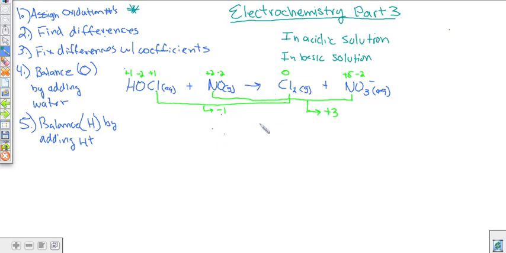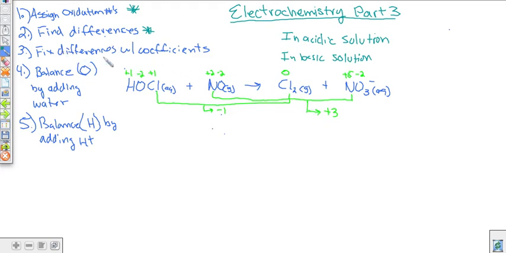The chlorine going to the Cl2 went from +1 to 0, so that was a -1 change. We added a -1 to the +1 to get it to 0. The nitrogen going from +2 to +5 added a +3. So that's step number 2, finding the differences. I like drawing these lines between them and then putting those right there.